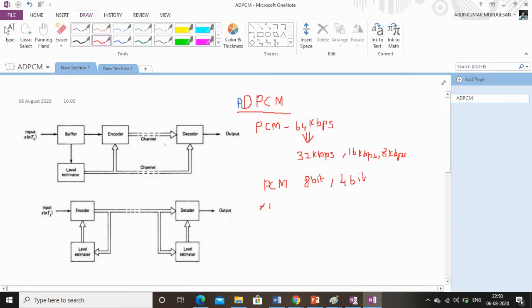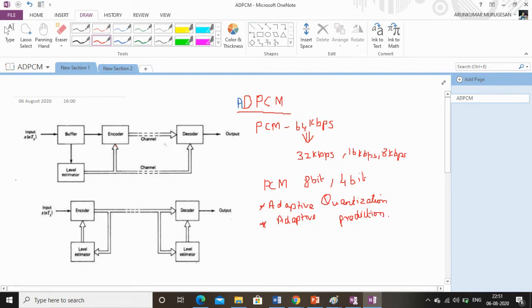One is adaptive quantization and another one is adaptive prediction.